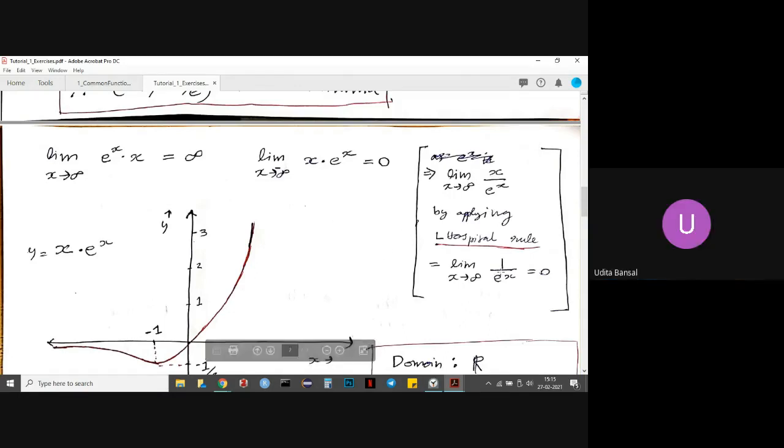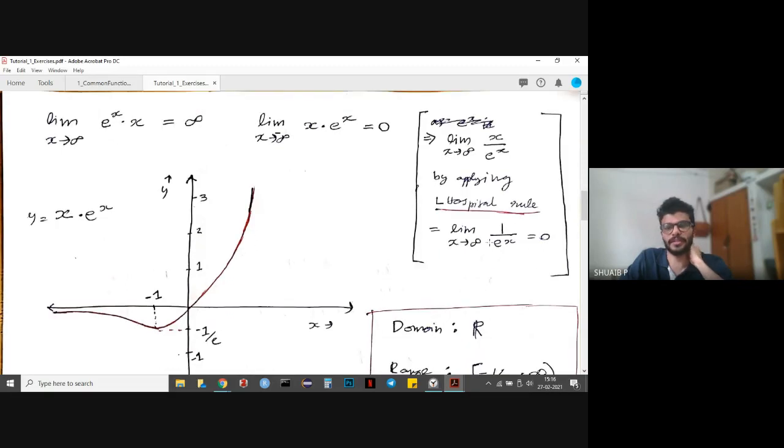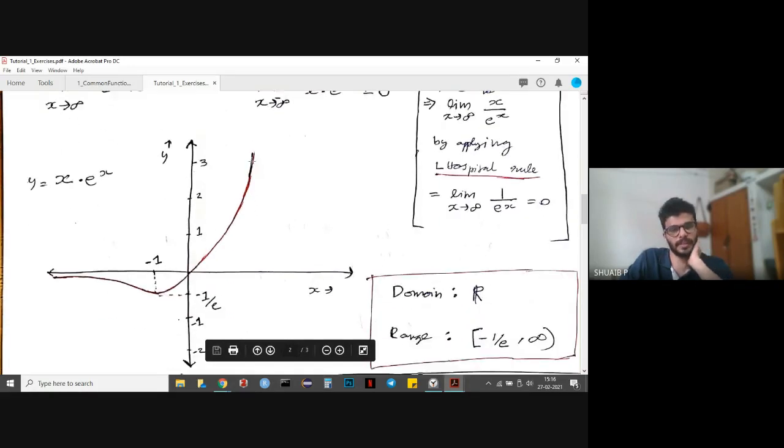So when we took the derivative, it's 1 by e raised to x. So at the limit of x equal to infinity, it will be 1 by infinity, and it's equal to 0, and it's tending to 0. So we can qualitatively plot this function to be behaving like this.